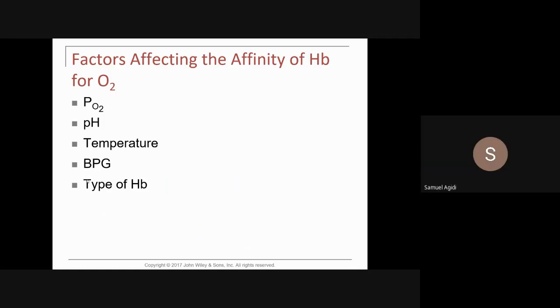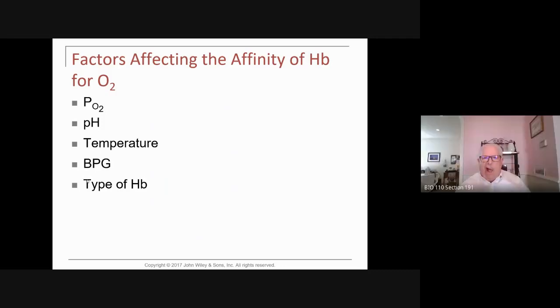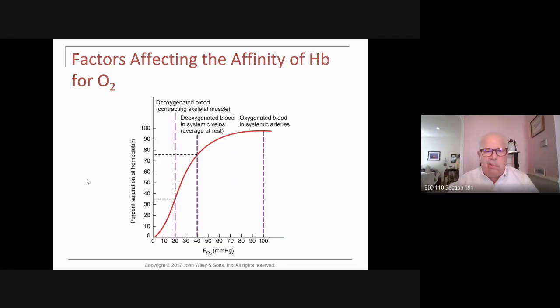I'm not sure who did the PowerPoint, but I think it's hemoglobin S. You are correct. It's hemoglobin S. Okay? So hemoglobin S has a low affinity for oxygen. Hemoglobin A has a stronger affinity for oxygen.